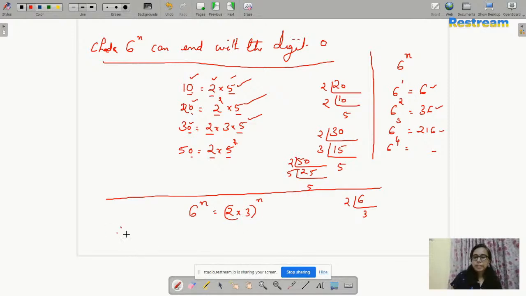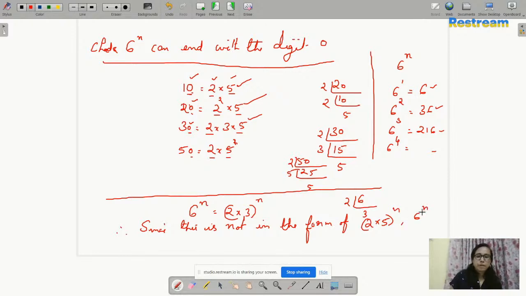Therefore, since the factors are not in the form of 2 into 5 raised to the power n.